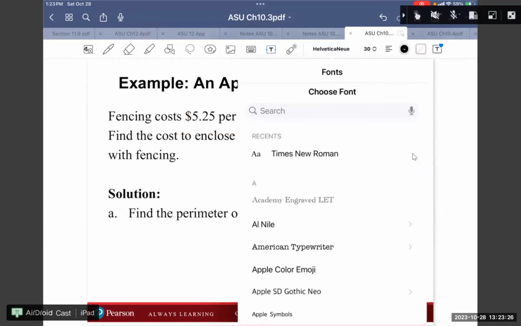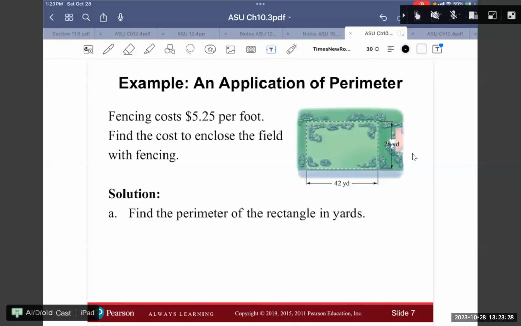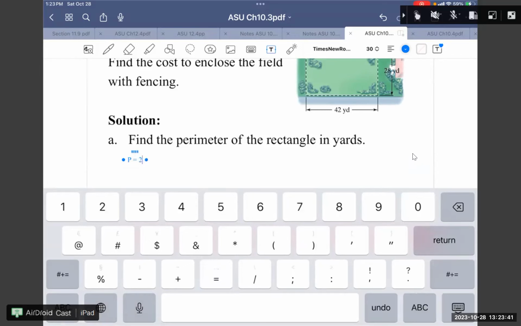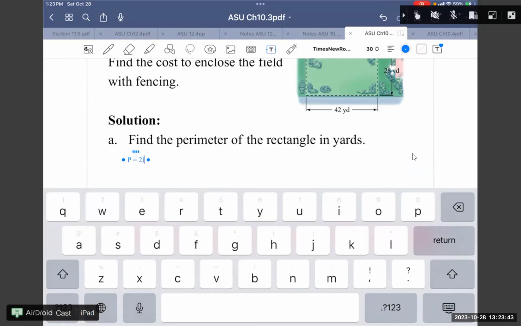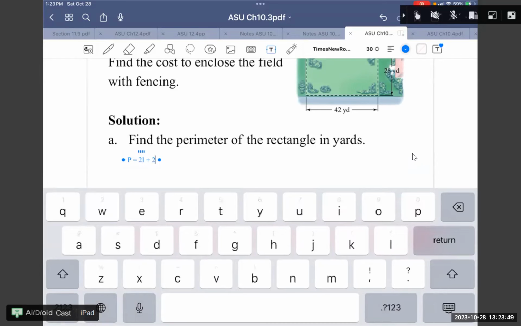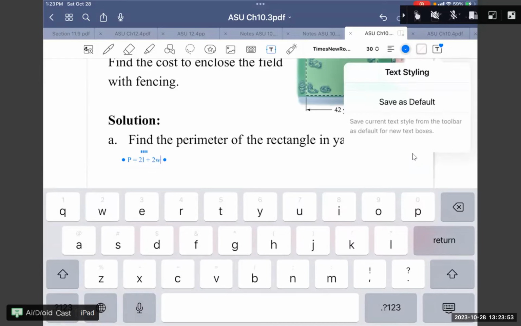What is the formula? P equals 2L plus 2W, right?